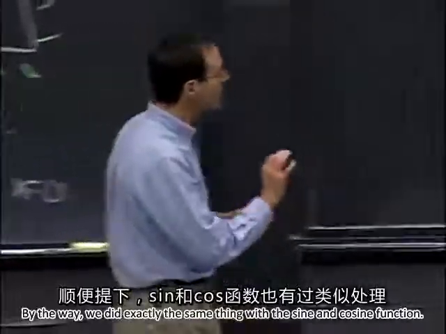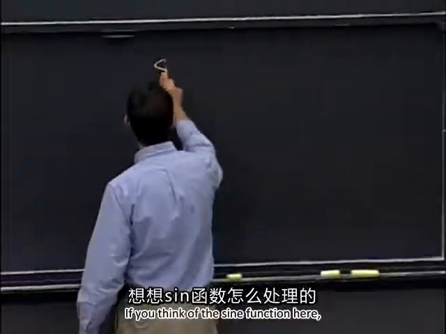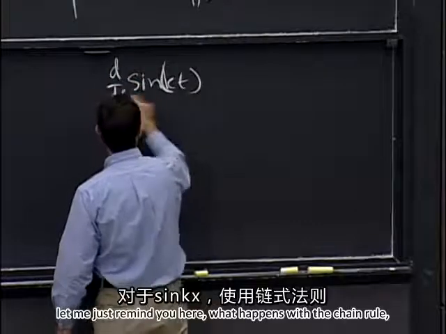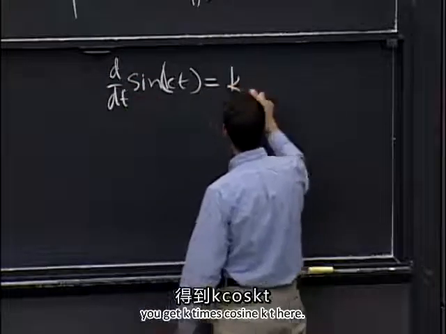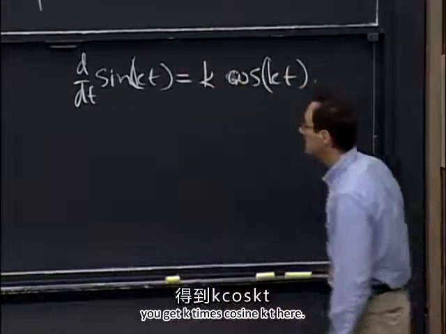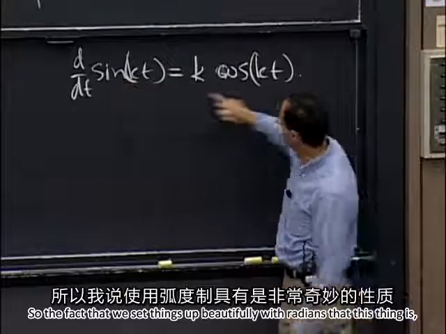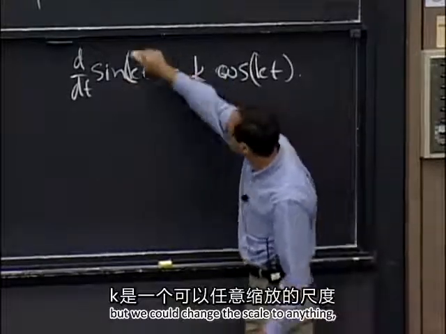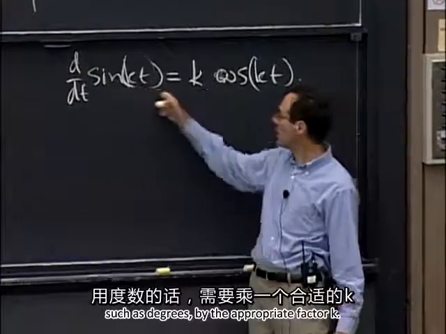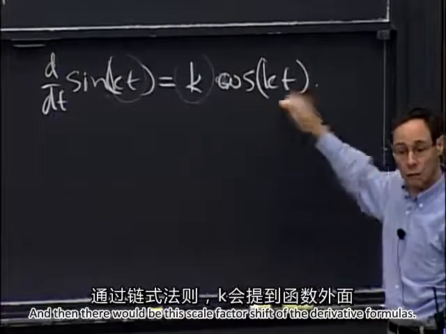By the way, we did exactly the same thing with the sine and cosine function. If you think of the sine function here, let me just remind you what happens with the chain rule. You get k times cosine kt here. So the fact that we set things up beautifully with radians, but we could change the scale to anything, such as degrees, by the appropriate factor k, and then there would be this scale factor shift of the derivative formulas.